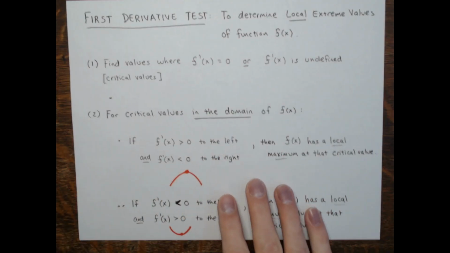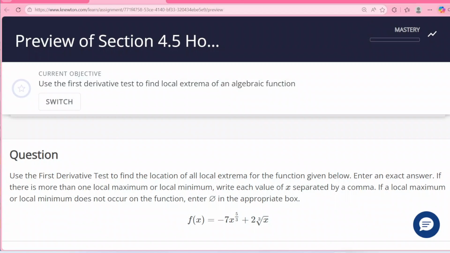Right. So now we can finally get into the questions from the assignment. So we're given a function. And so this first one is, use the first derivative test to find the local extrema of an algebraic function. Right? So you got a function involving rational powers, roots and powers and, you know, adding, subtracting, multiplying, dividing with the input variable.